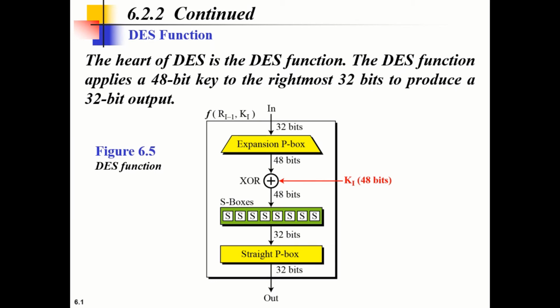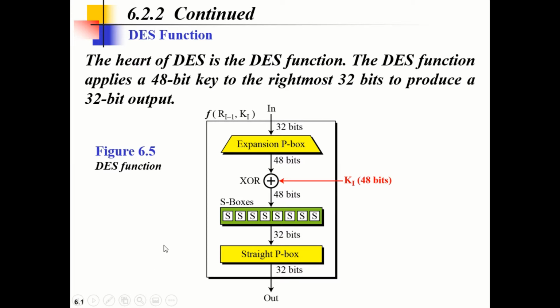Okay, so in the previous class, we started discussing this function, the DES function, which is called the heart of DES. In this we saw how we divided the 64 bits of the plain text into two parts, each of 32 bits, and we were dealing with the right part of the message, which is of 32 bits.